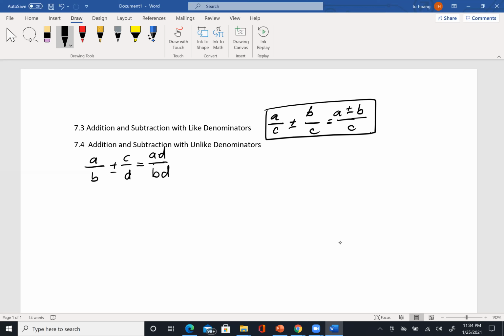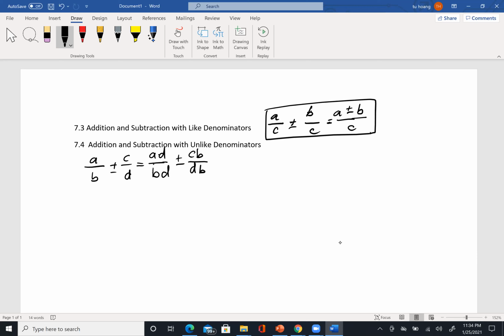So the first term I multiply by D, both top and bottom, and the second one I'm going to have C times B divided by D times B, because I multiply by B for both top and bottom of the second term.